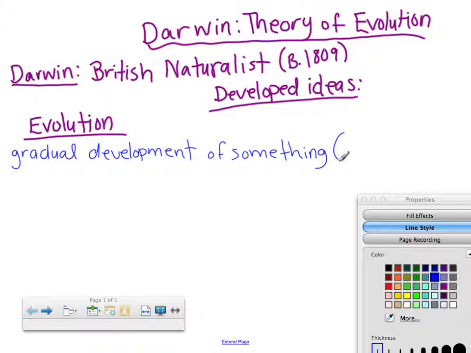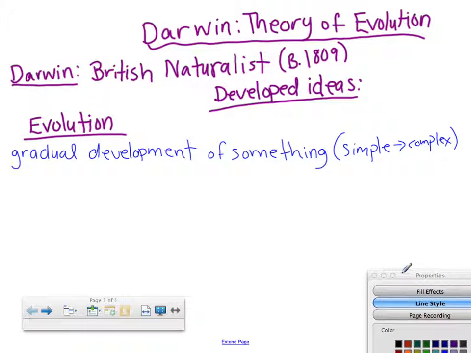It went from simple to what? Complex. Everyone good? All right. So that is what evolution meant.